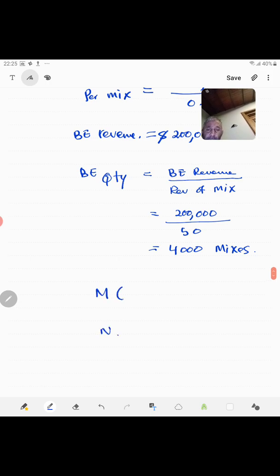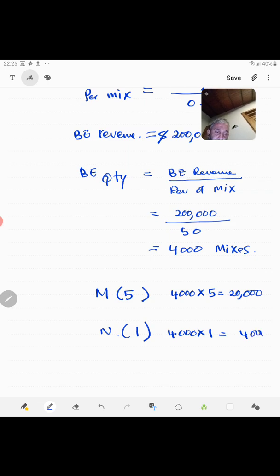Now we need to find out the number of M and the number of N. We know that in each single mix we are producing 5 units of M and 1 unit of N. So M will be 4,000 times 5, which is 20,000 units. N will be 4,000 times 1, which is 4,000 units.